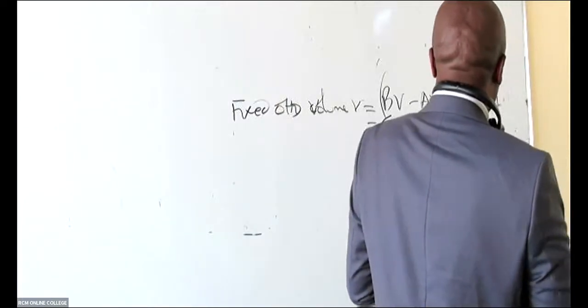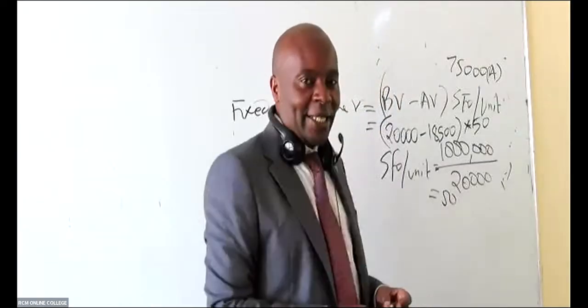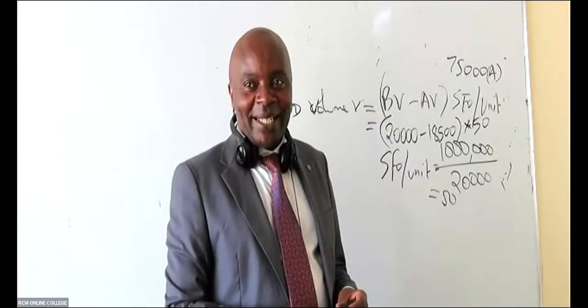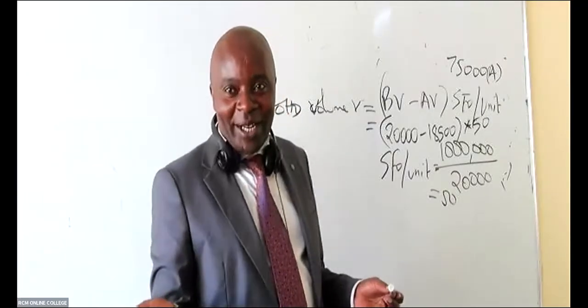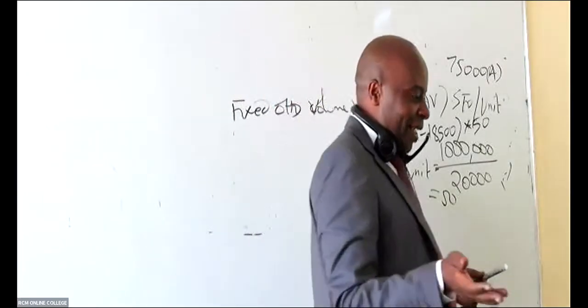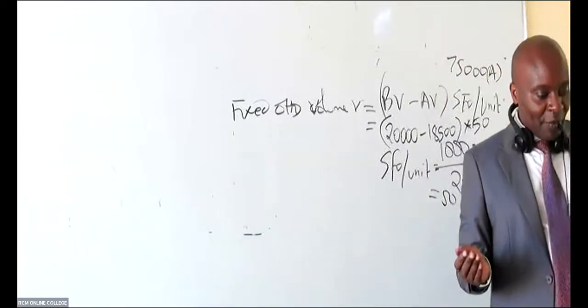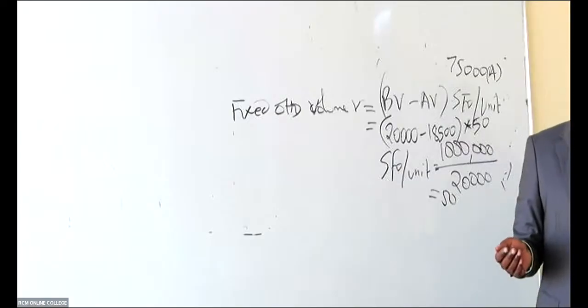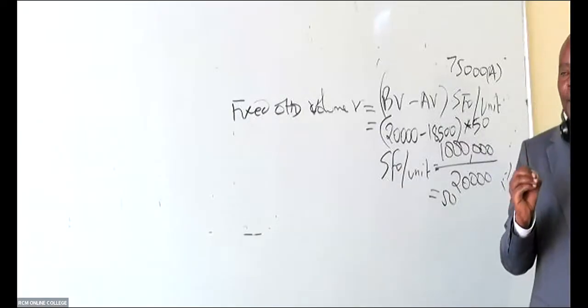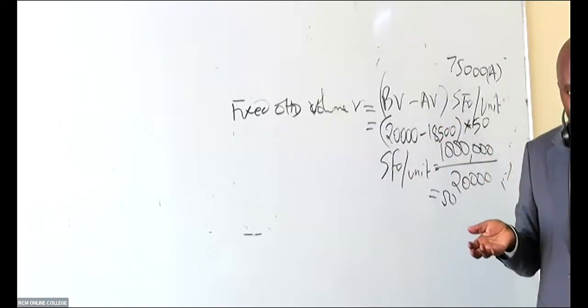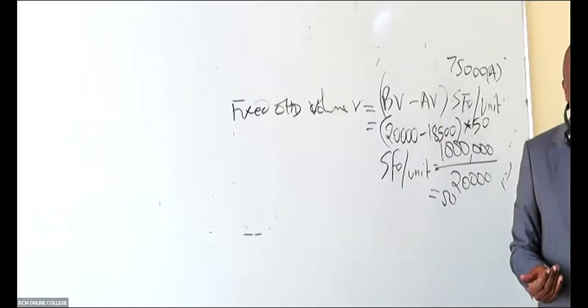It's adverse. Because you can imagine, we had planned to produce 20,000 or even sell 20,000, but we sell less. As a businessman, I cannot be happy.